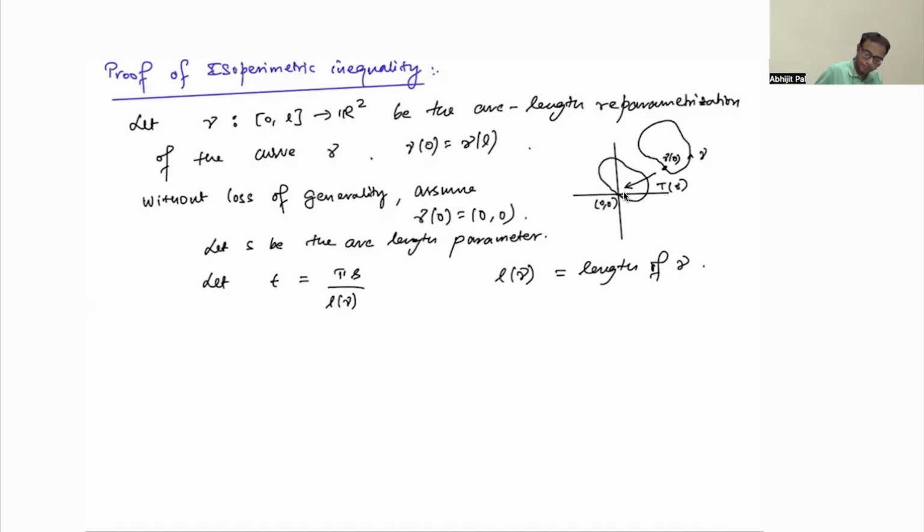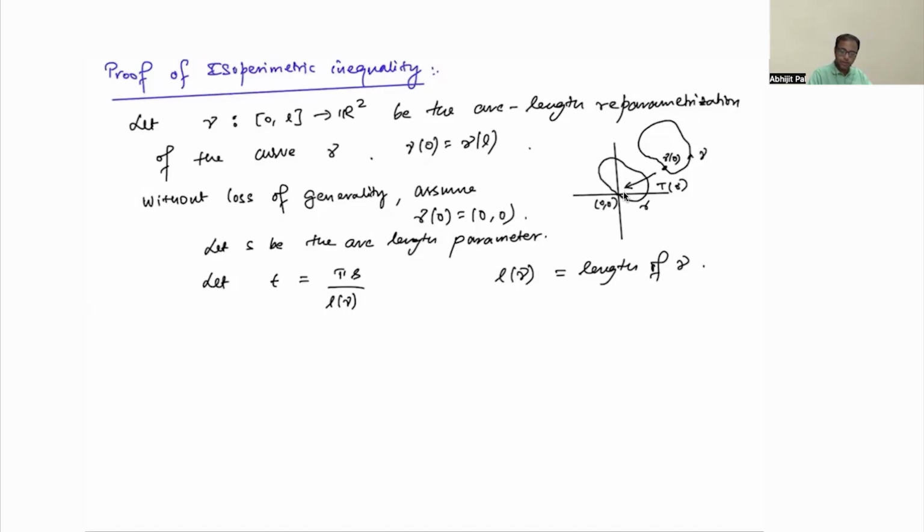Again, you can reparameterize this gamma in t, and we'll again name the reparameterization gamma only.